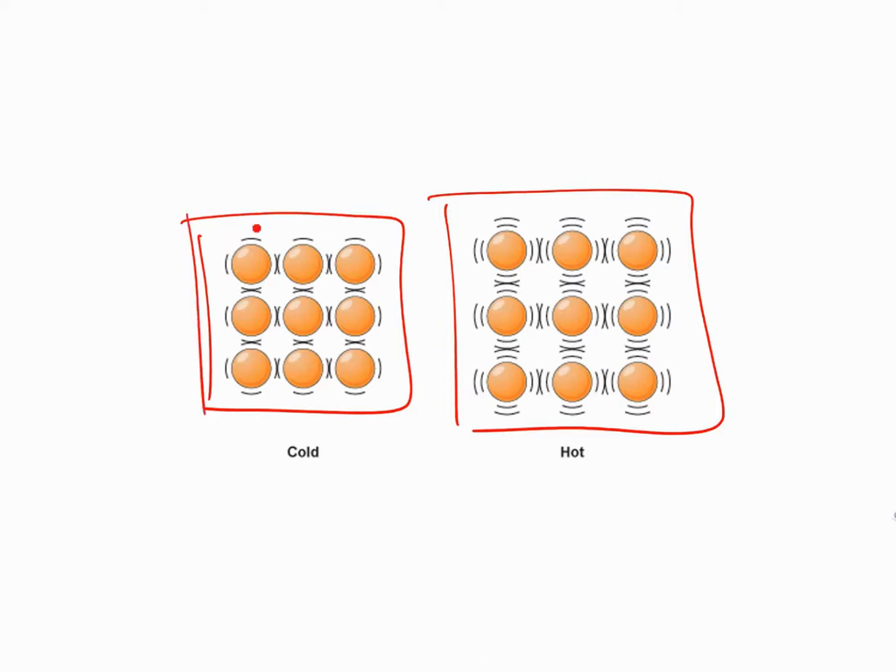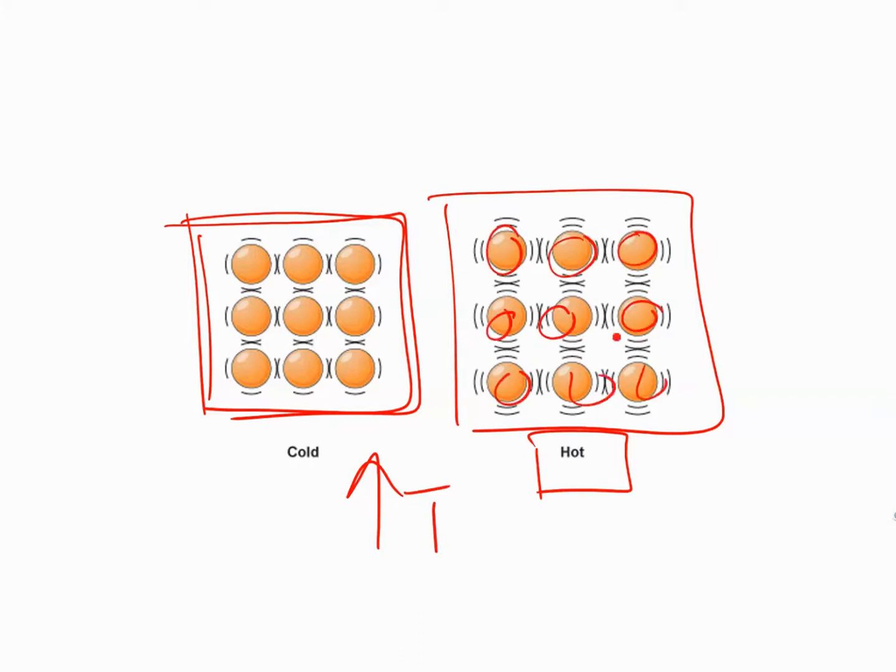So when we place the material or the crystal in a relatively cooler environment, then the atom will vibrate with a smaller degree of freedom. However, when you increase the temperature, the environment becomes hotter, then the atom will vibrate with a larger degree of freedom.